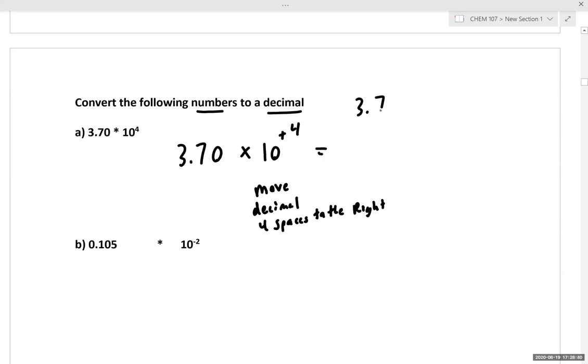So we have 3.70. We're multiplying by 10 to the positive fourth. So we move it 1, 2, 3, 4 spaces to the right. That in turn gives us 37000 or 37,000.